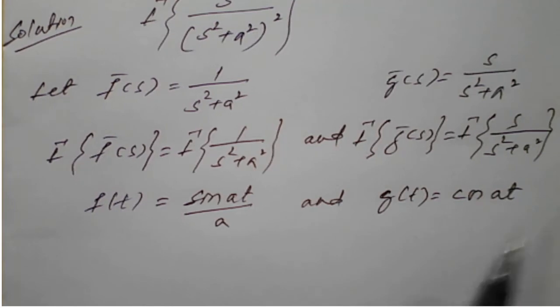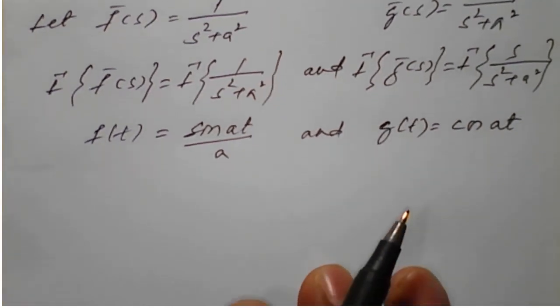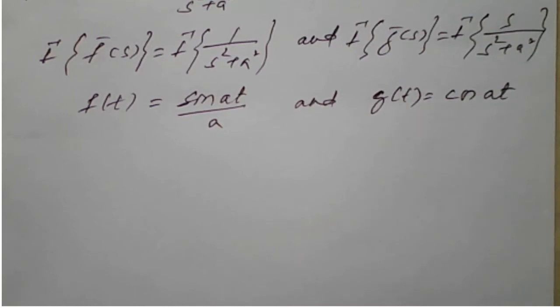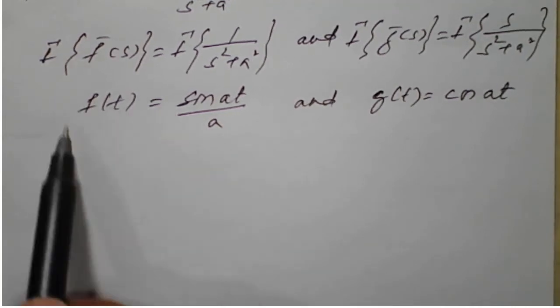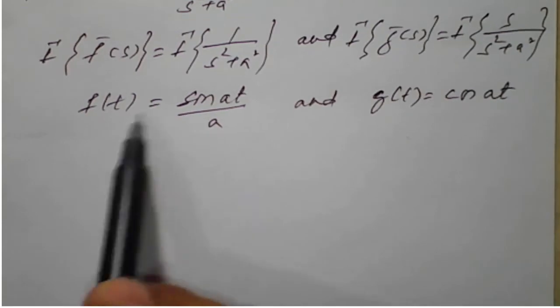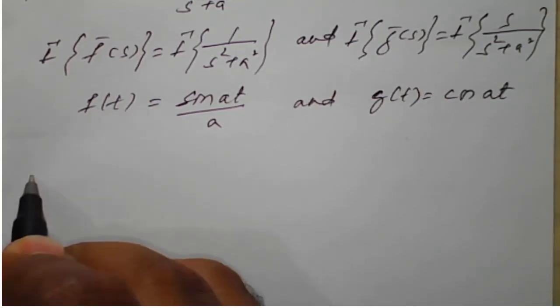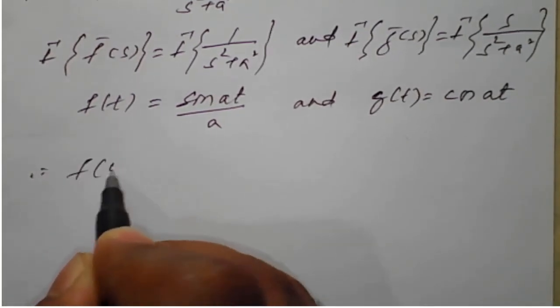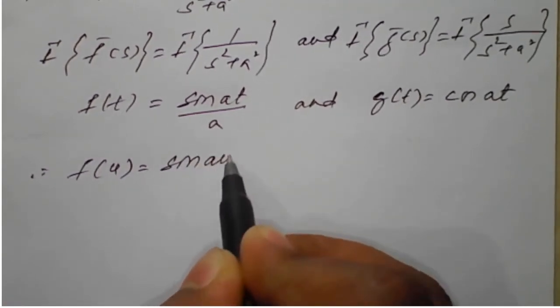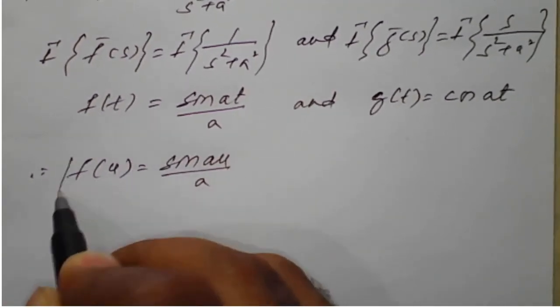Once we get these both, now we'll replace t by u as well as t minus u. In the function f of t, t will be replaced by u, so f of u is equal to sine of au divided by a.